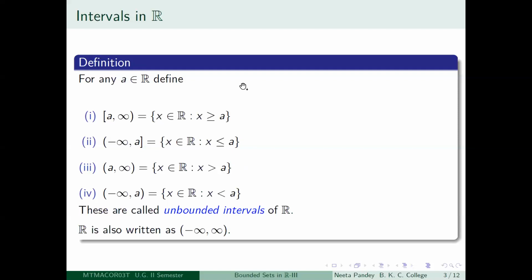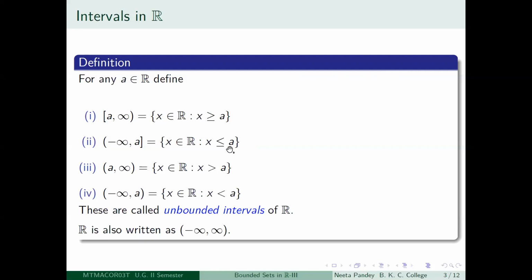You are looking at all points in R which are greater than or equal to a. Since you are including a here, you depict this by third bracket a comma infinity, using infinity as a symbol, which means just the set of all x greater than or equal to a.